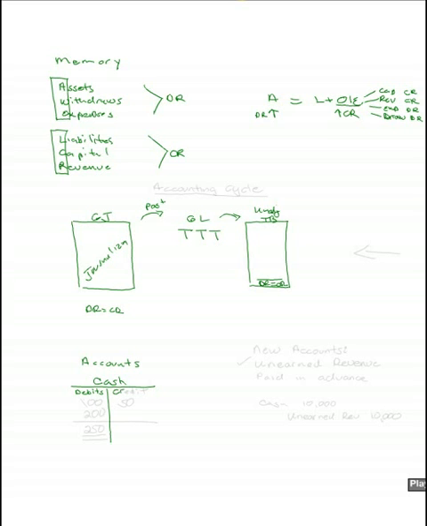Credits are recorded as always on the right-hand side. To debit an account doesn't mean to increase or decrease it. It just means to place a number on the debit side of the account. To credit an account doesn't mean to increase or decrease it. It depends on which account, doesn't it? But it does mean to put it on the credit side.